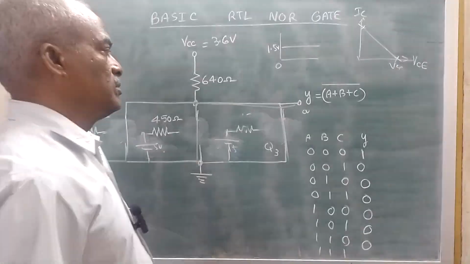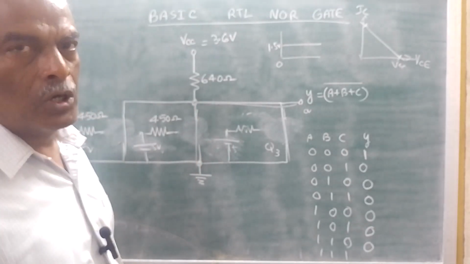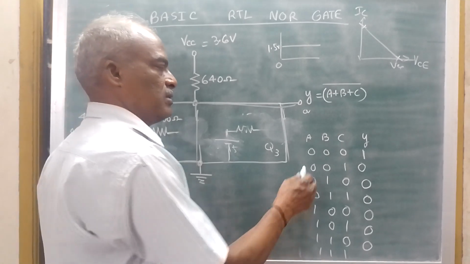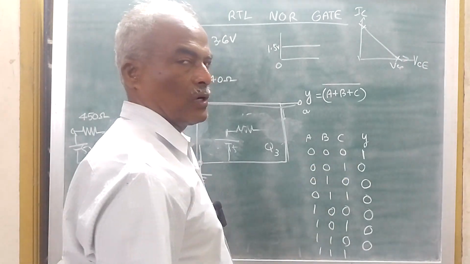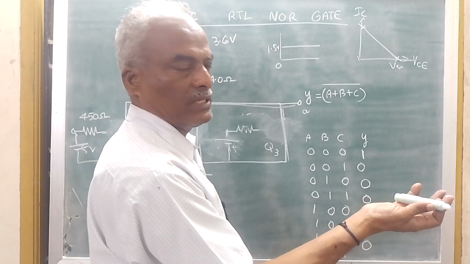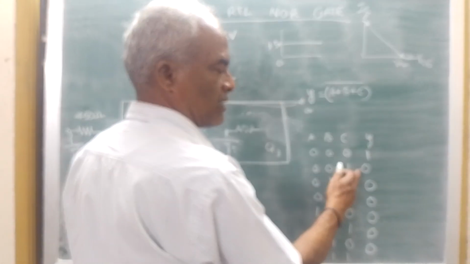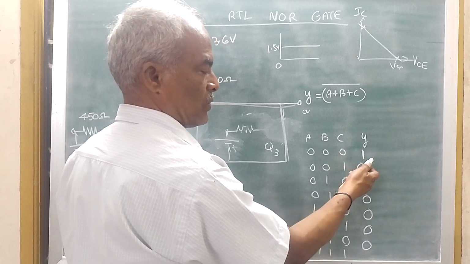So, this circuit gives an output of NOR gate, because for 0, 0, 0 the OR gate output is 0, but for NOR gate you have to invert it, so you will be getting 1. For 0, 0, 1, the output of OR gate is 1, but when you invert it, it is 0.